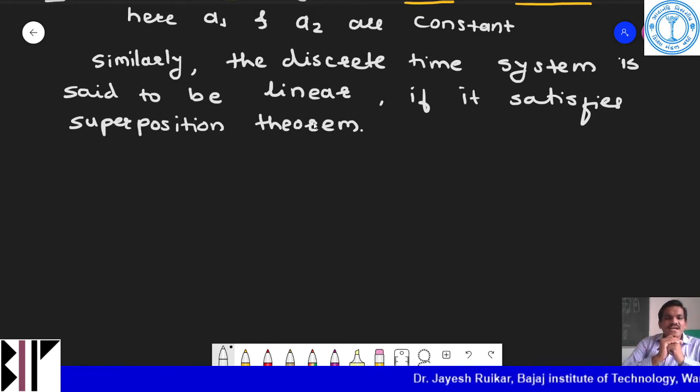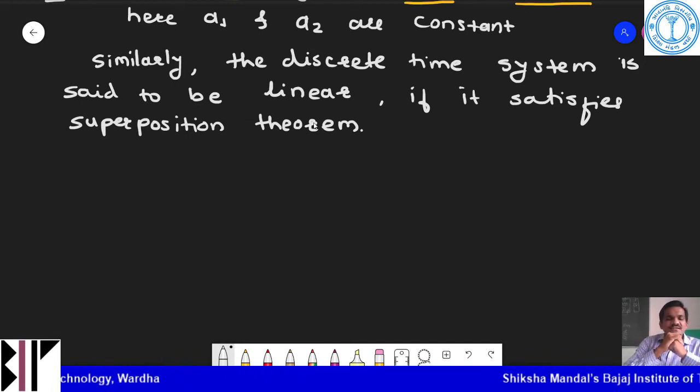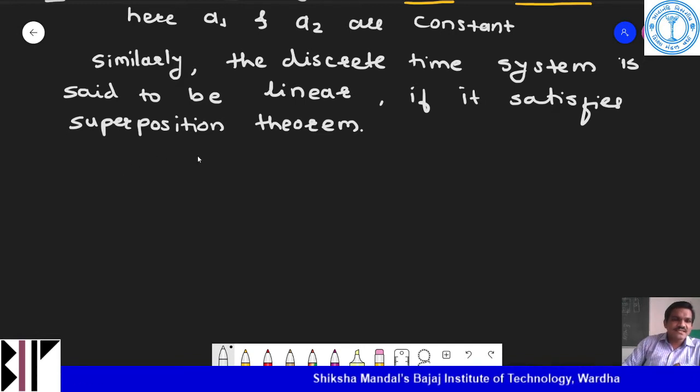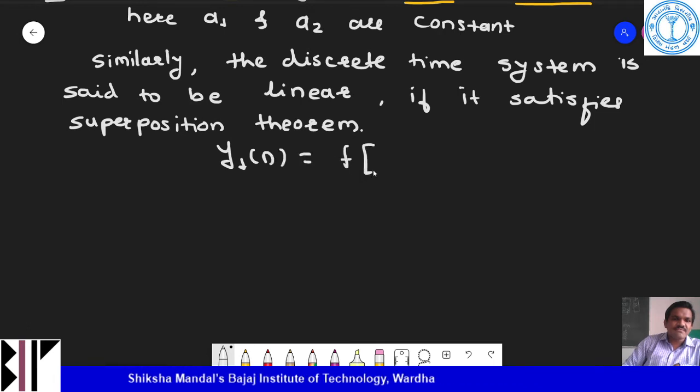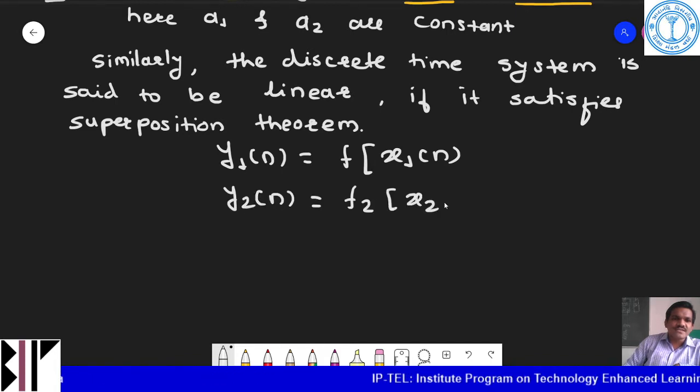And what is that? It tells us that the combined response due to x1 of n and x2 of n is the same as the individual responses of the system. That means let us consider we have y1 of n, which is nothing but the function of x1 of n, and y2 of n, which is again the function of x2 of n.